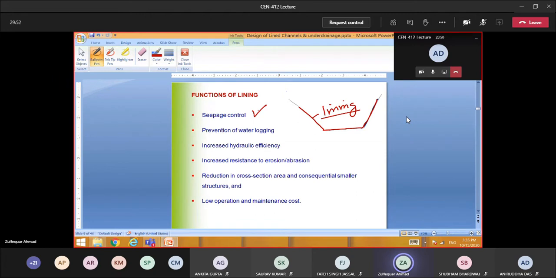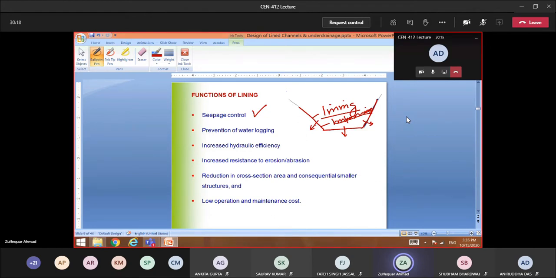If we are doing an impervious lining, then the water will not seep through this. Of course, there is always some seepage, because whatever lining we provide is not 100% waterproof.